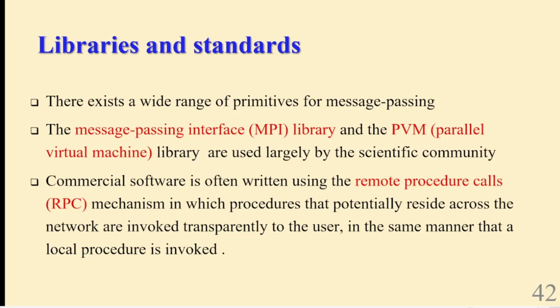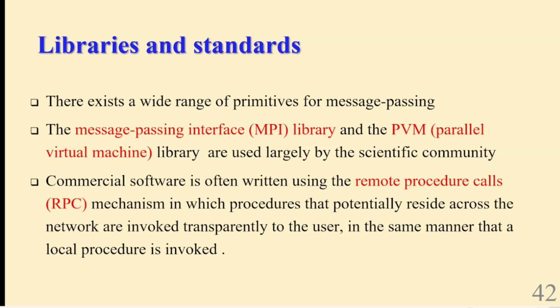Similarly, in distributed computing, there are also communication libraries like the Message Passing Interface. MPI is Message Passing Interface. This MPI is one of the most important ones, which is mainly used in supercomputers, scientific computing, parallel computing and all. The Message Passing Interface provides functions like MPI send and MPI receive.